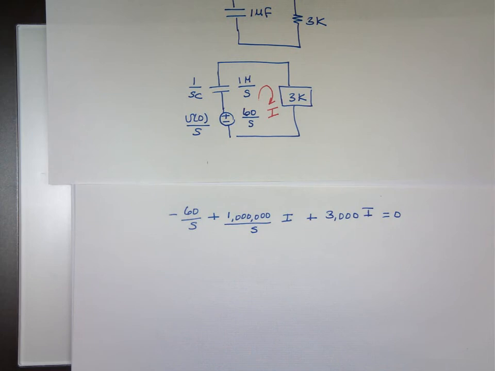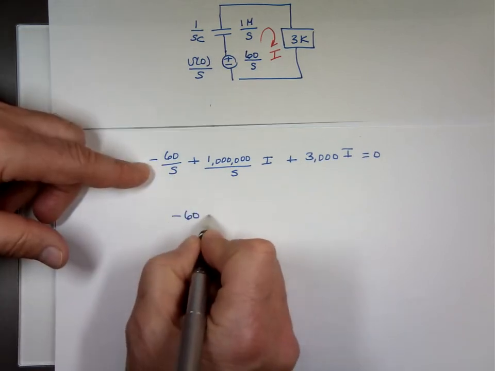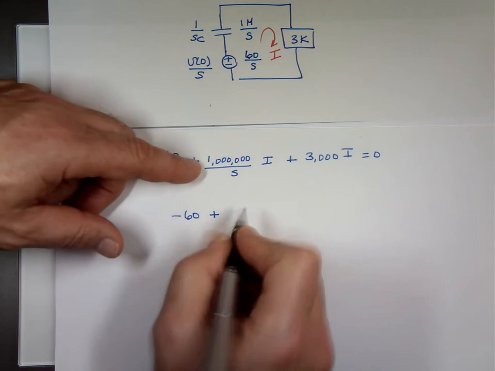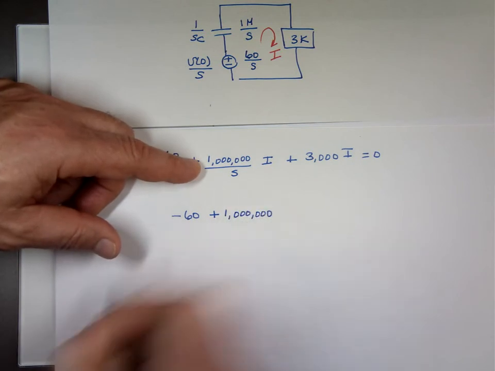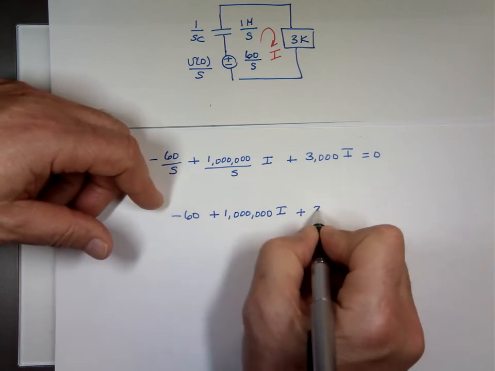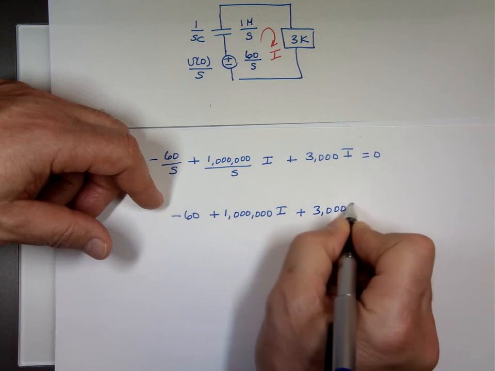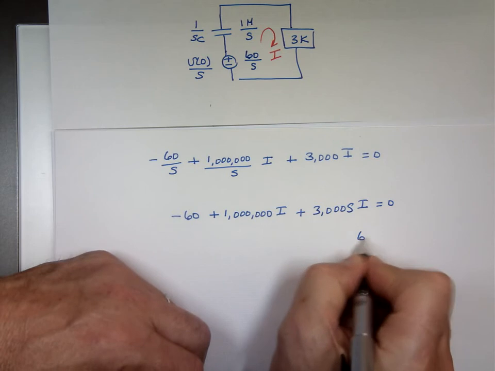I will make life easy by multiplying every single term by S. And if I multiply every single term by S, what are you going to have? Negative 60 plus 1 million I plus 3,000 S times I is equal to 0. 60 equals 1 million.